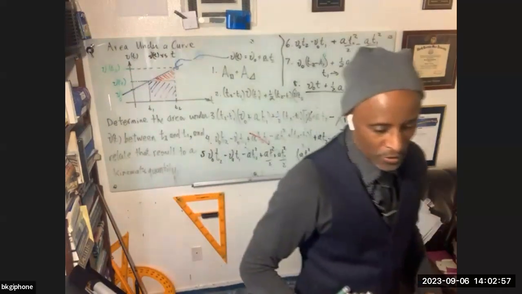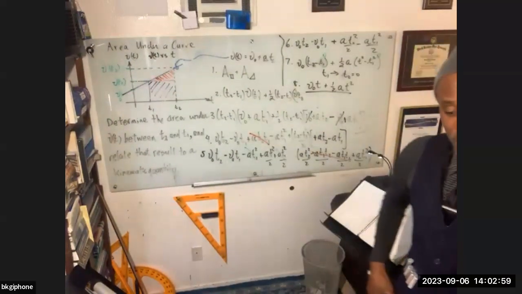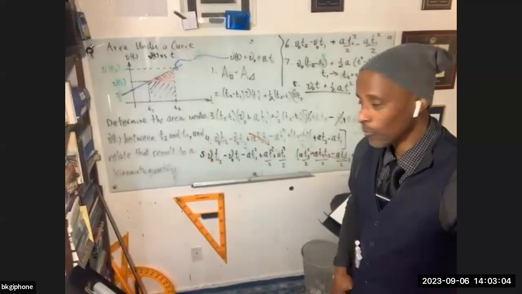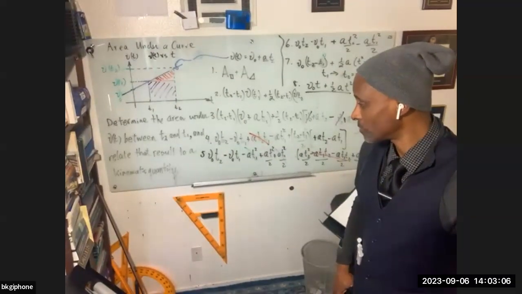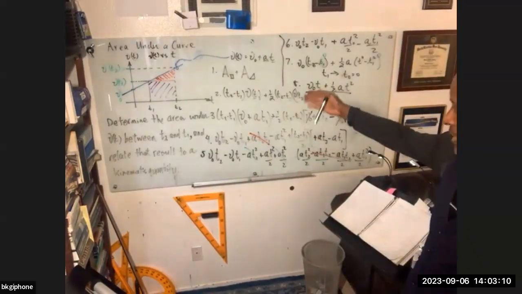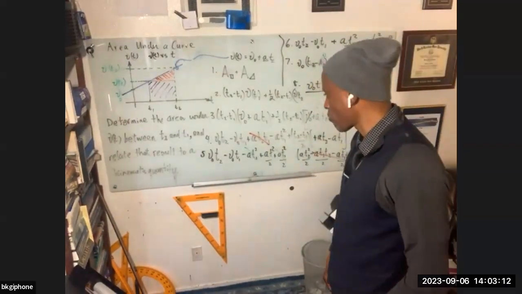The area under that curve represents the displacement of the particle as it moves with a motion that's defined by that velocity equation.